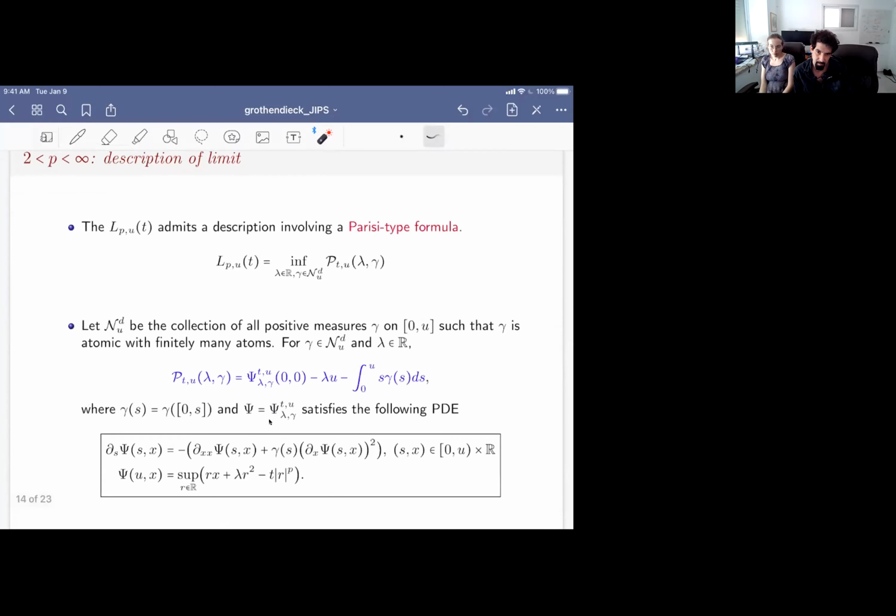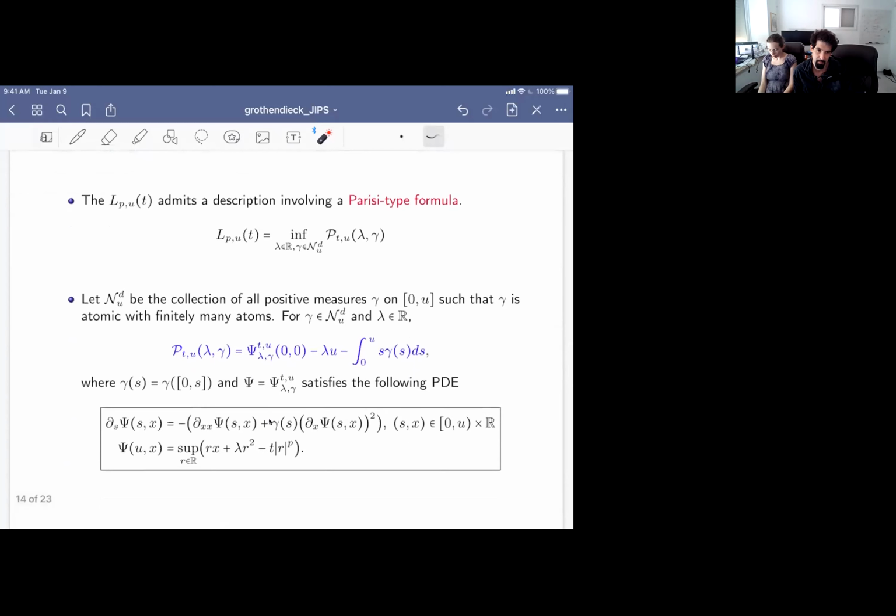This restricted Lagrangian function has a description involving a Parisi-type formula, some variational problem. If you have not seen any Parisi-type formula before, this slide might look a bit overwhelming, but I just want to give you a sense of what goes into these kinds of formulas.